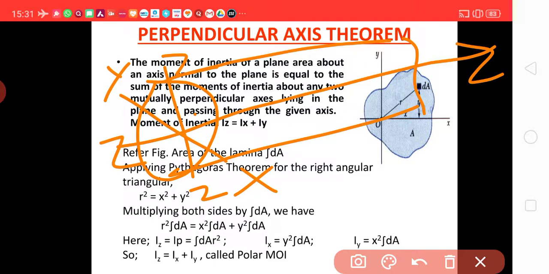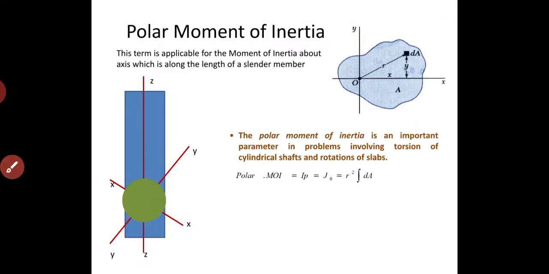So we can say this is a pole, and an axis along this length is called the polar axis, and the moment of inertia about that axis is called the polar moment of inertia. This is the polar moment of inertia.